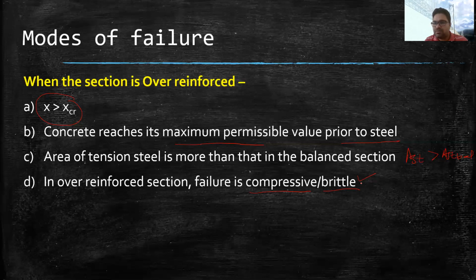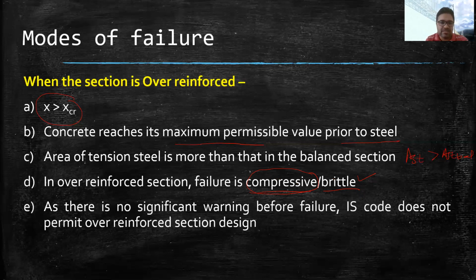It will fail suddenly, which means it will not give us sufficient warning to repair or even to escape. As concrete will be crushed, the failure is considered as compressive. We know that concrete is good in compression, so if it is failing, it will fail under compression.